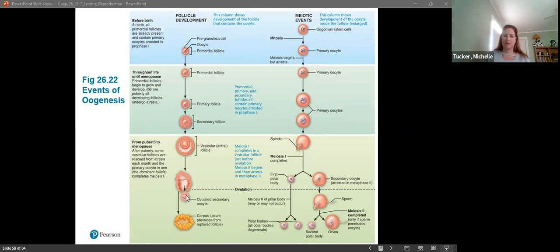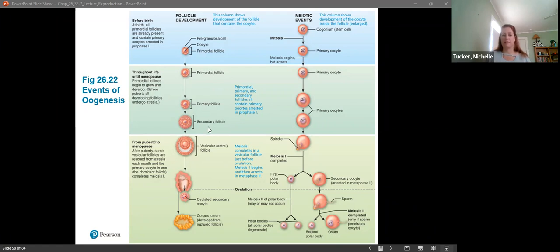During ovulation, this ovum, or oocyte, is going to be released, and then the granulosa cells form the corpus luteum. So I think in general, the follicle phases progress pretty much as you would expect.